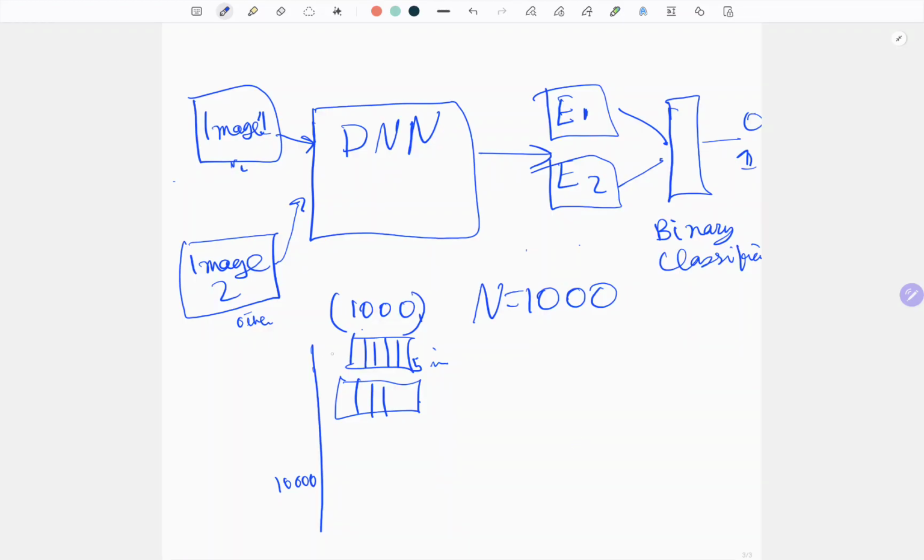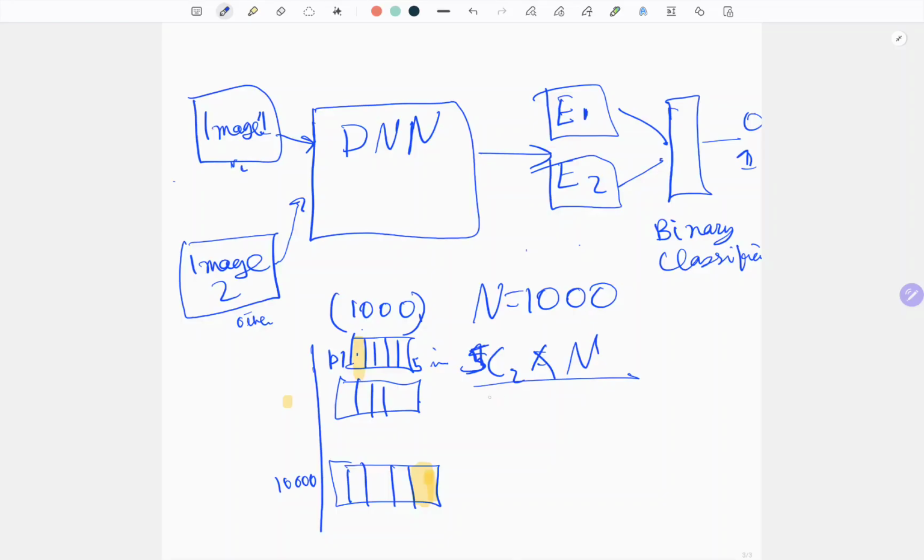That could be selecting P1. Suppose we select this image, and then we randomly select any other image. For positive pairs, the number of cases would be 5C2 into the number of persons.